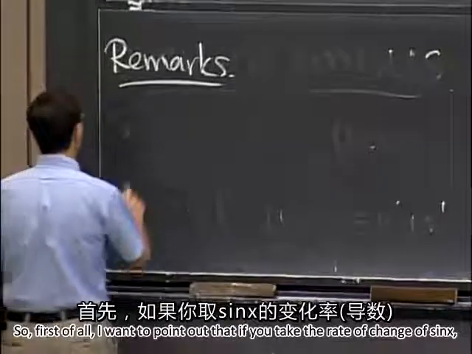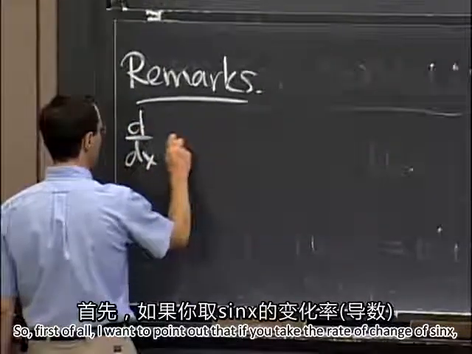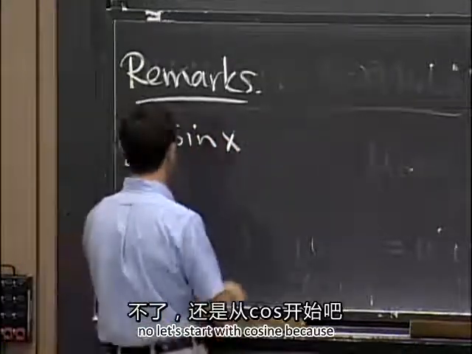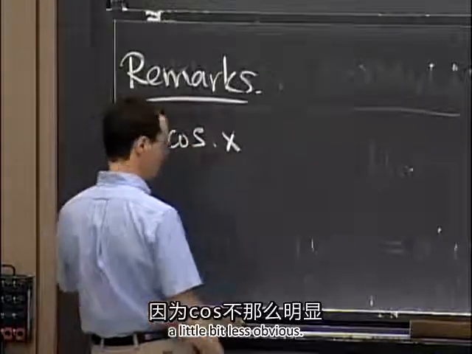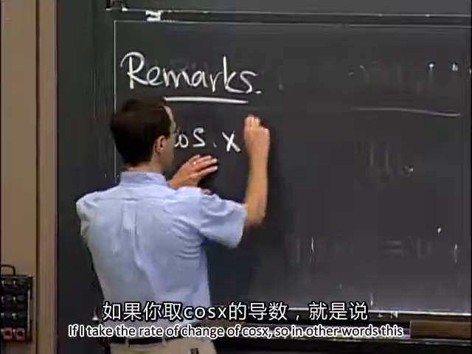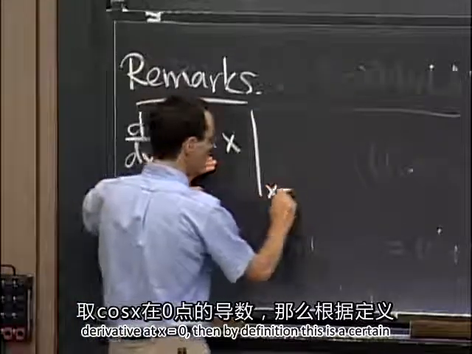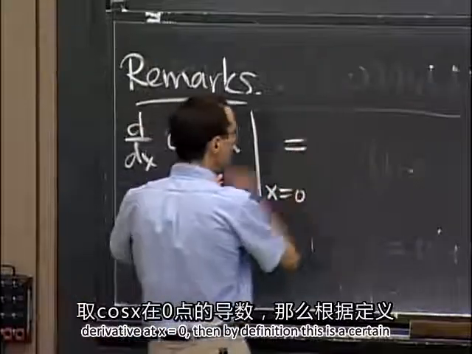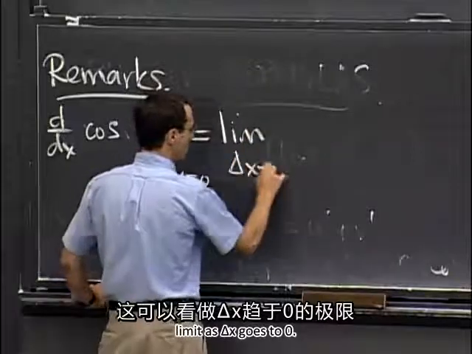So first of all, I want to point out that if you take the rate of change of sine x, now let's start with cosine, because it's actually a little bit less obvious. If I take the rate of change of cosine x, in other words, this derivative, at x equals 0, then by definition, this is a certain limit as delta x goes to 0.